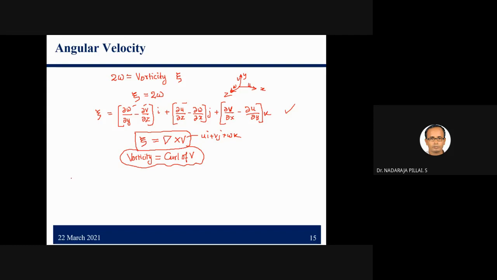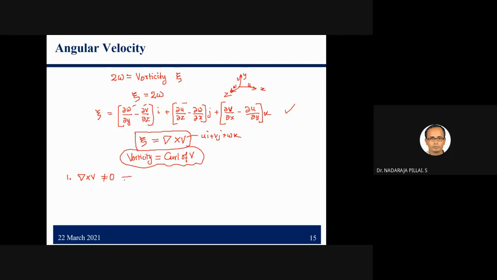Now, there are two important discussions. One is del cross V not equal to 0. What is del cross V not equal to 0?